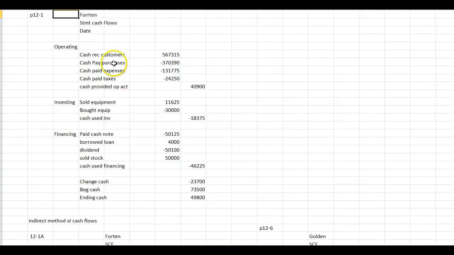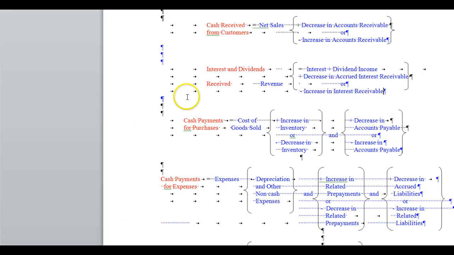So if we take a look at what we wrote down in one of our classes, we've got basically 582 less 15. Increases in accounts receivable are subtracted from sales. We net up with cash received from customers of $567,000. Okay? The next line, interest and dividends received. This particular book usually doesn't have those.